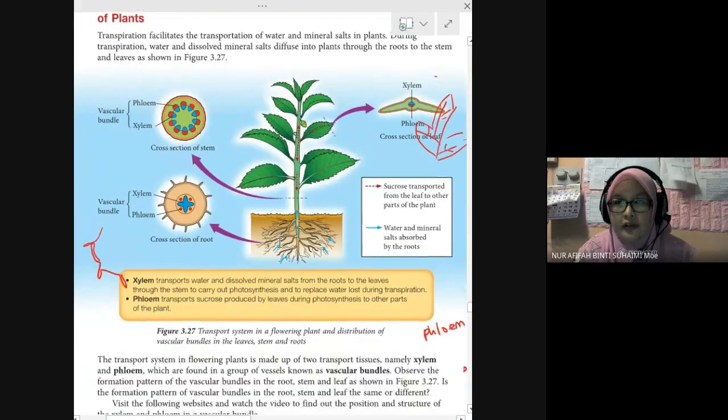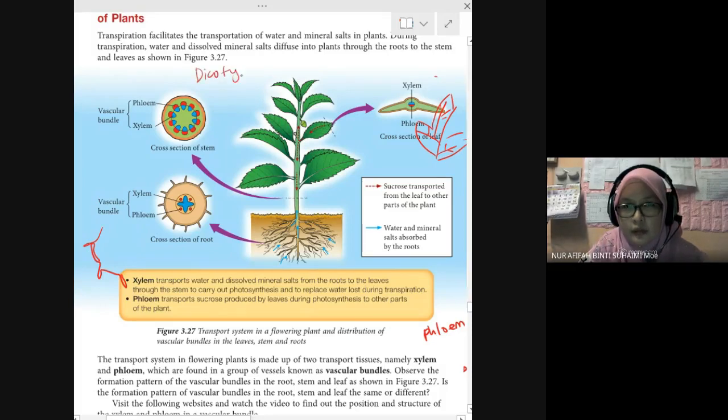Okay, this one, the function of xylem and phloem. This one shows you the structure of the stem. This one is a balsam plant. This is a dicotyledon.